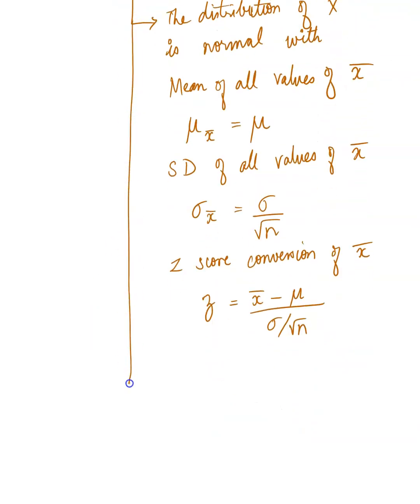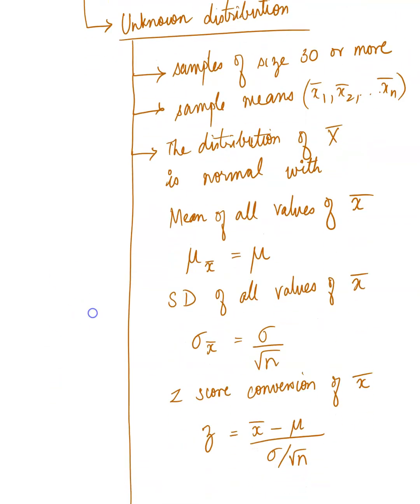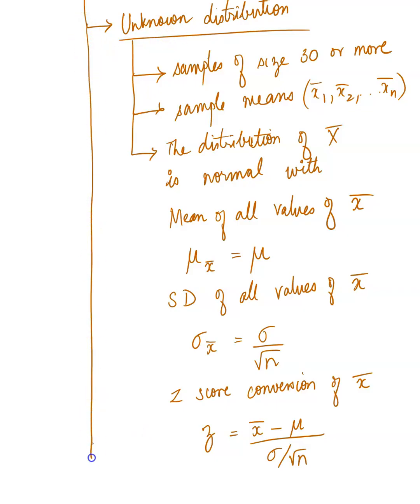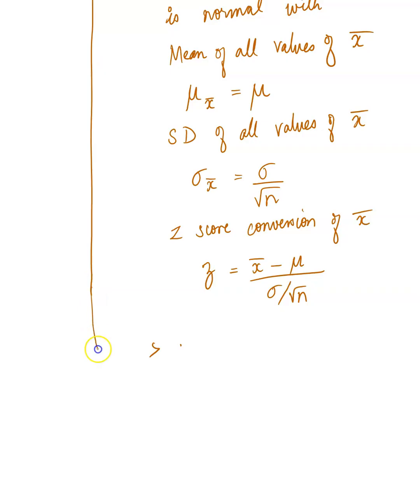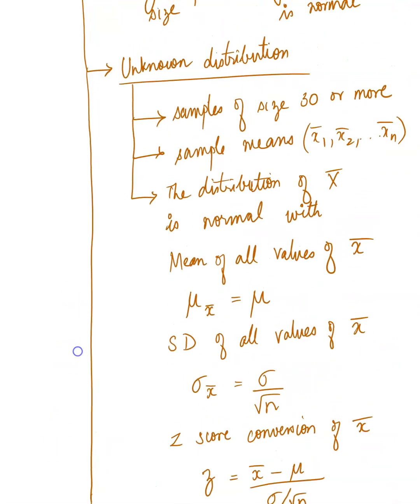And we had the other scenario, oops, I put the wrong stem. So this was for unknown distribution. So I'll come back here. And if it is a known distribution, meaning it is known to be normal, then we have no problem, because for unknown distribution, we need samples of size 30 or more.